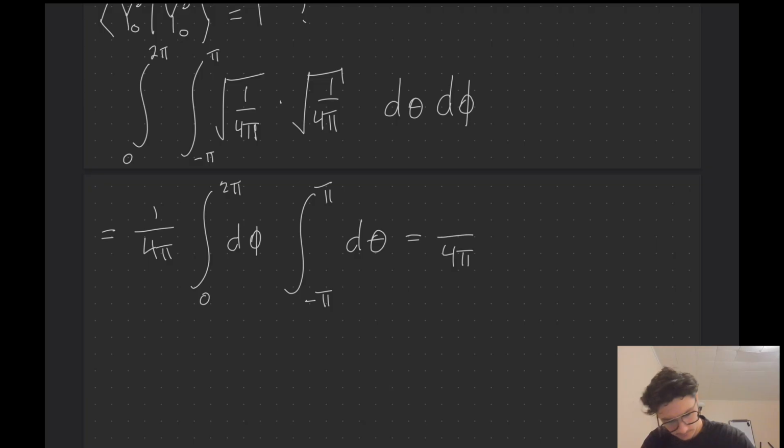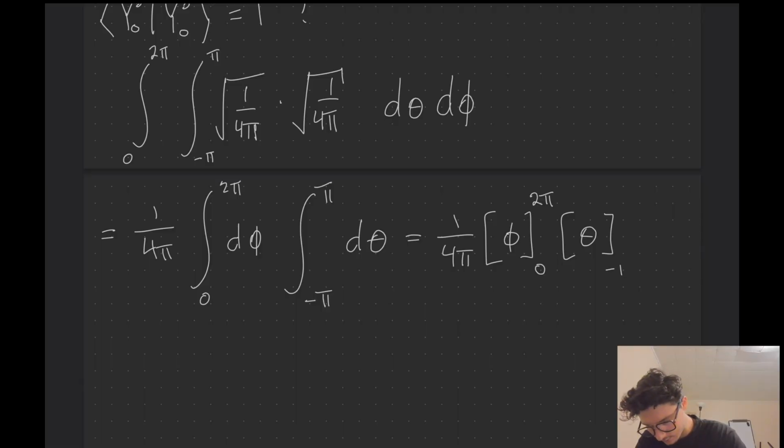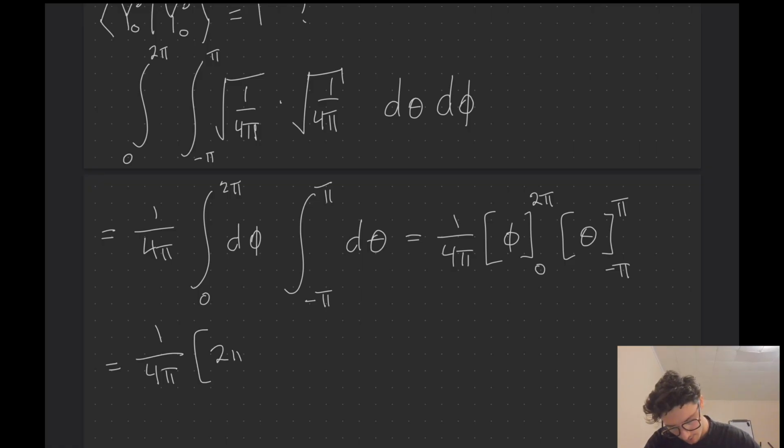This is 1 over 4 pi. Here we get a phi from 0 to 2 pi, pretty simple integral. And this one is negative pi to pi. Okay, what do we get here? 1 over 4 pi. 2 pi minus 0 is 2 pi.